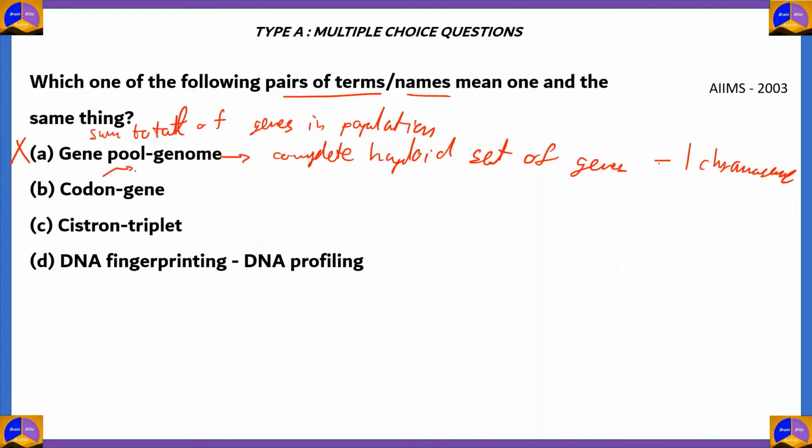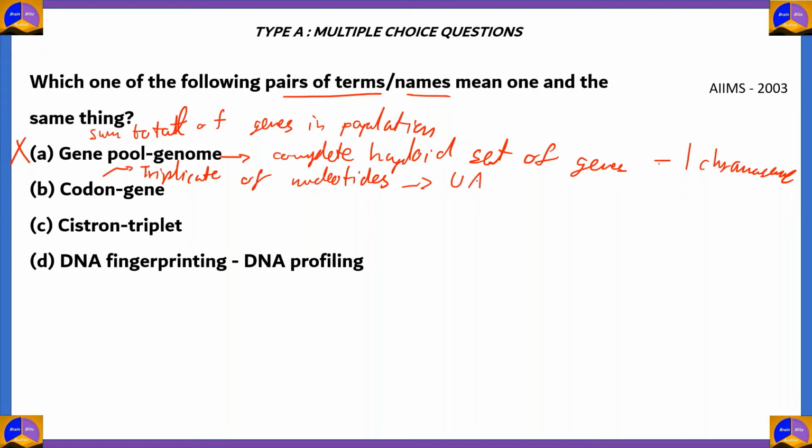So a codon is basically a triplicate of nucleotides. It's basically a collection of 3 nucleotides which come together to code for one amino acid.